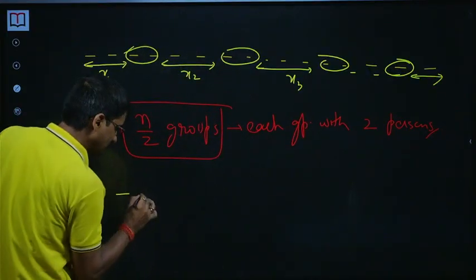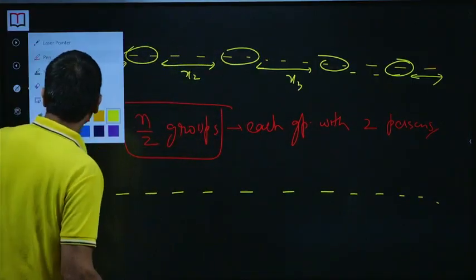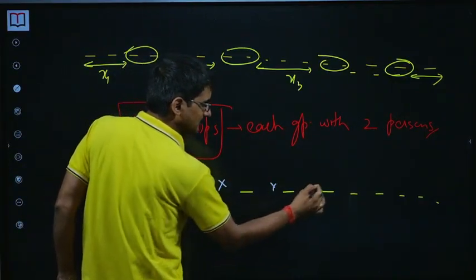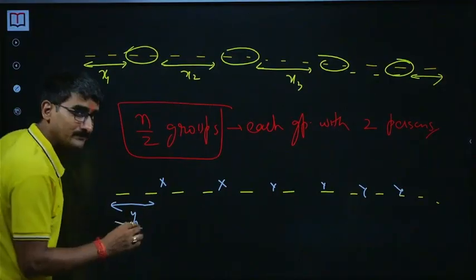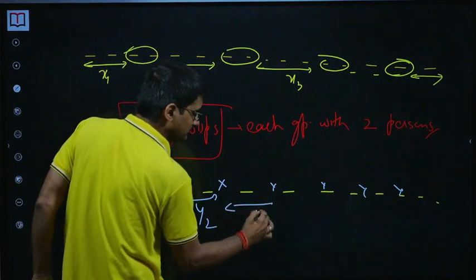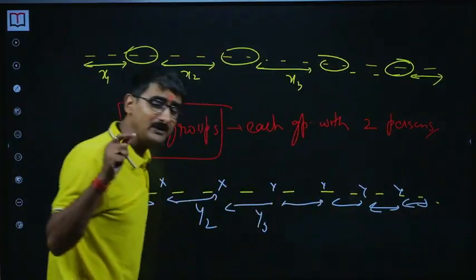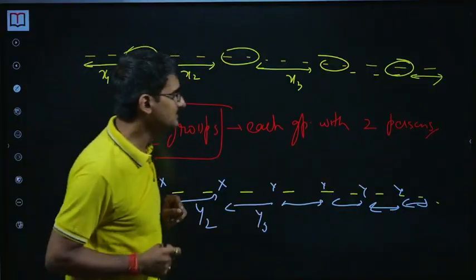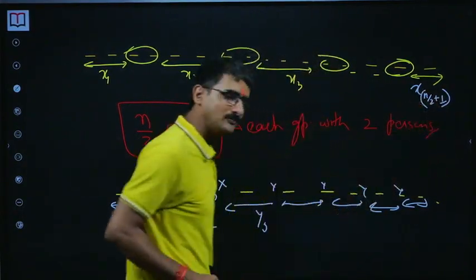Because see, 1, 2, 3, 4, 5, 6 groups. Before the first group we need 1 variable to define the number of chairs left vacant, then between the groups, and then the last one. So you always need plus 1 variable in such cases. So how many variables do I need? I need x of n by 2 plus 1 variables. I think all of you would have understood.